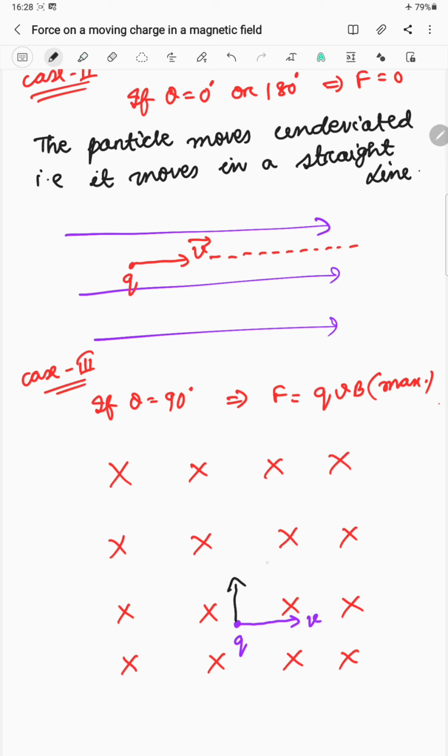Where have you seen that the velocity and force will be perpendicular? That means it will move in a circular fashion, circular motion. If you try to remember, the radius and the velocity were perpendicular to each other at every point, for which we can say here that the path of the charge q will be circular.